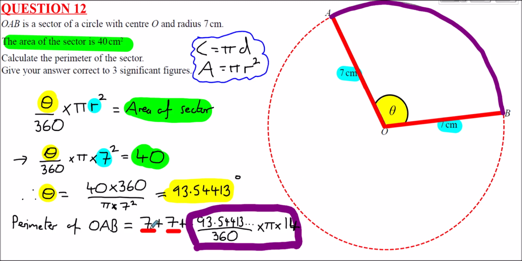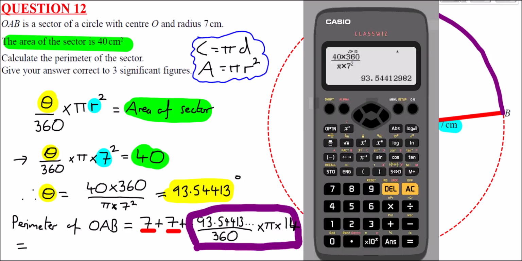So we can work this out. Fortunately, we've got theta stored. So that's our exact value of theta. So what I'm going to do is put theta on top, so previous answer stored, over 360, multiplied by pi, multiplied by 14. So that's the purple bit, as written here. Then add two lots of 7.